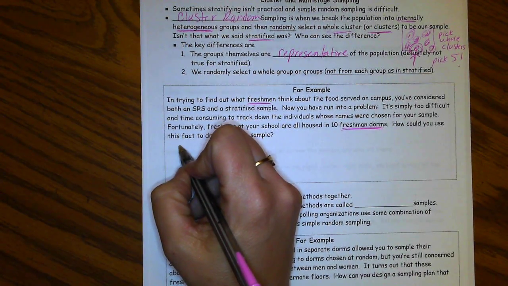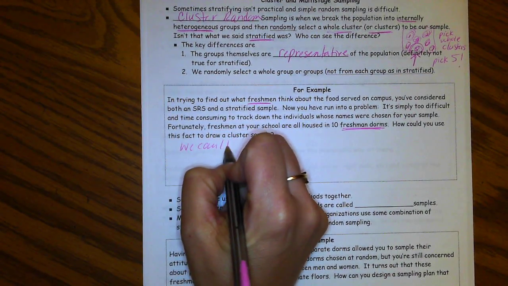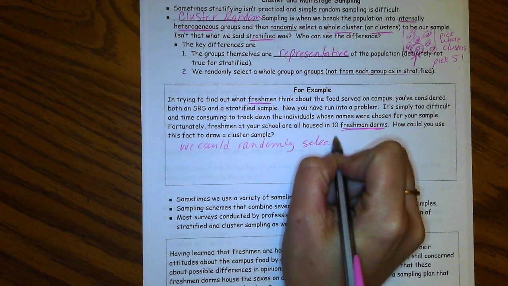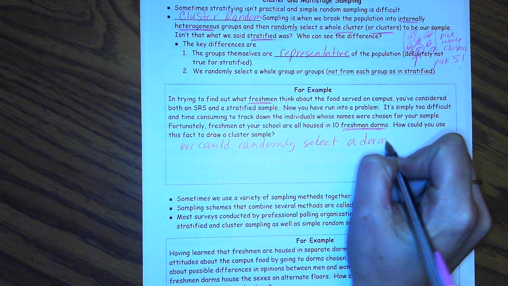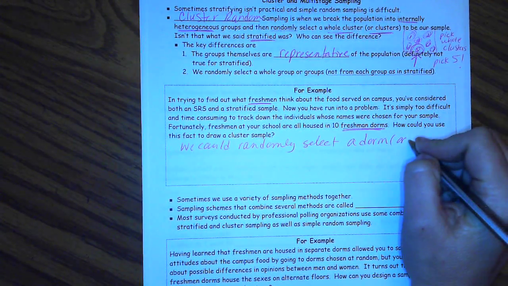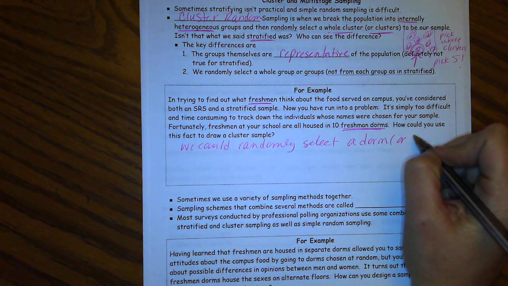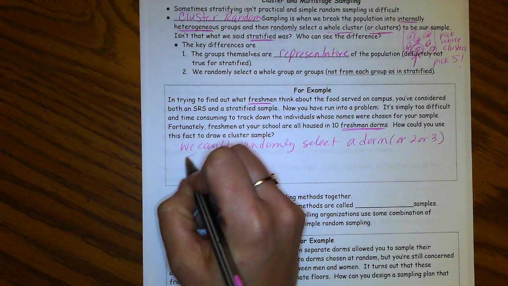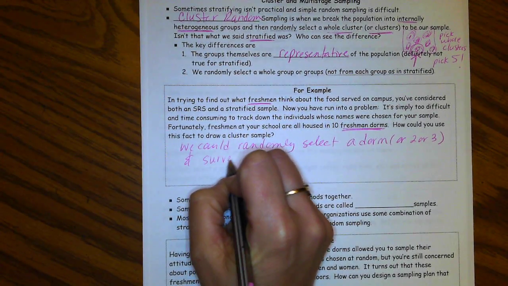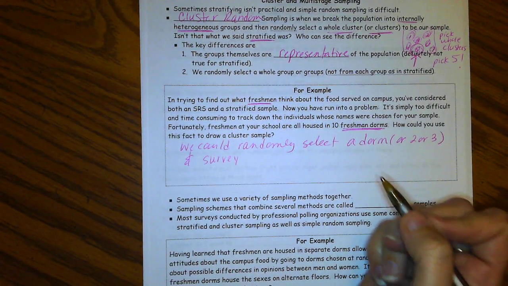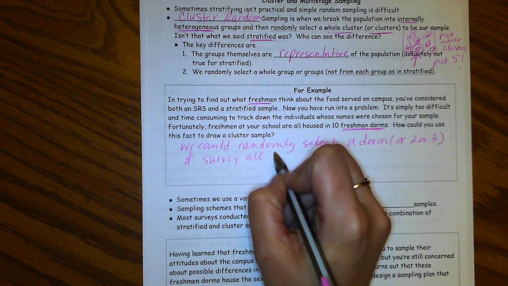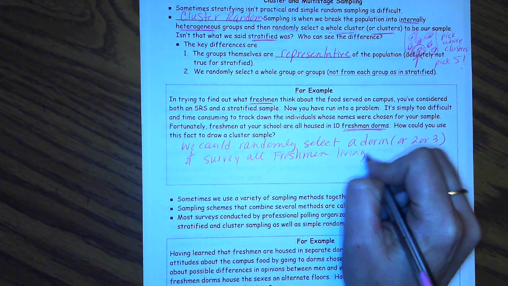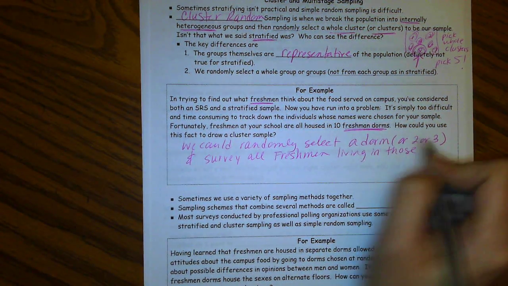So what we could do is we could randomly select a dorm, and it can be more than one, so it could be 2 or 3, however many people you're looking for, and survey, which just means like ask those freshmen, survey all freshmen living in those selected dorms.